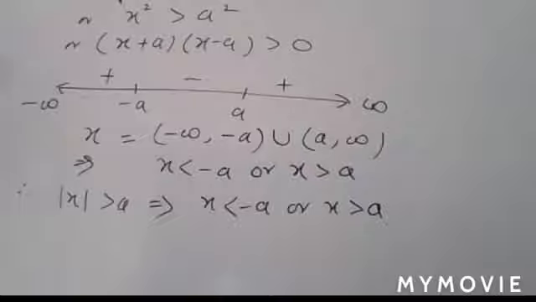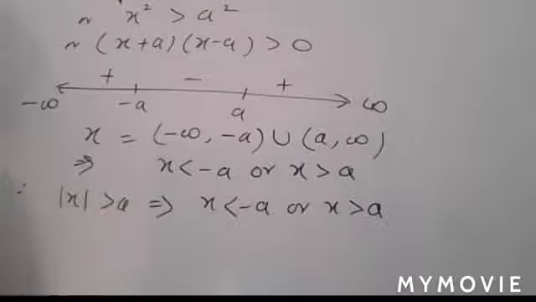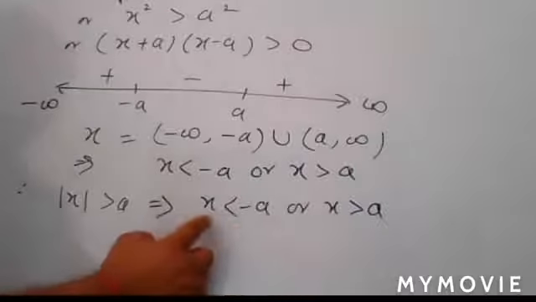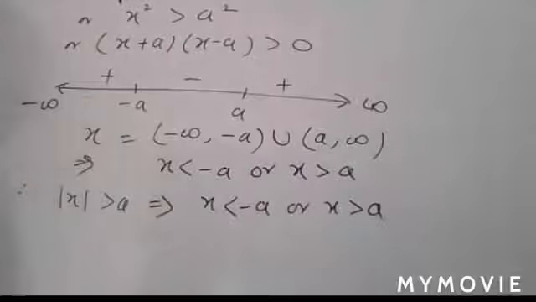Yes, right. This is your result. If you have the result like that, mod of x is greater than a, then you can write your answer in this way. Getting everyone?